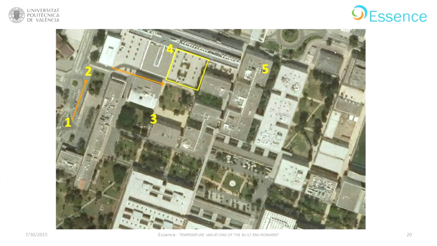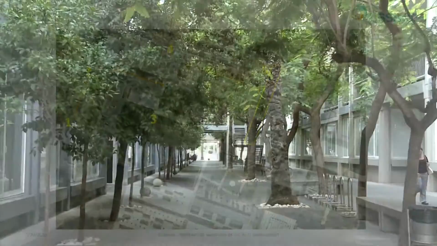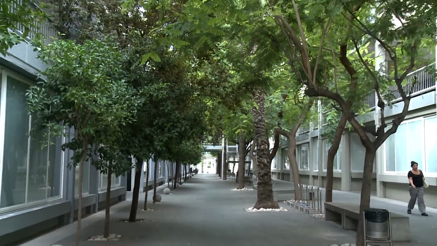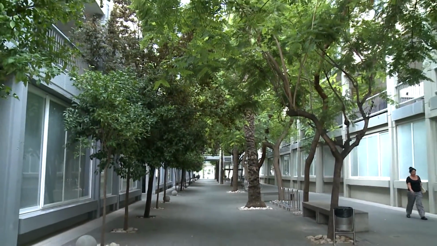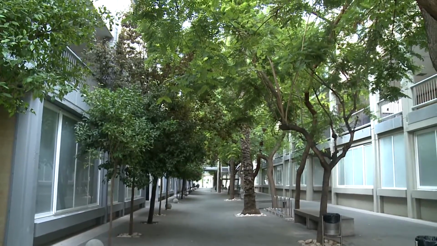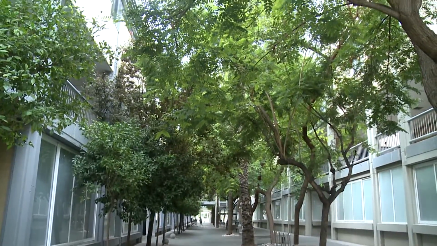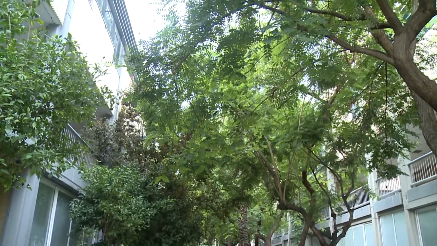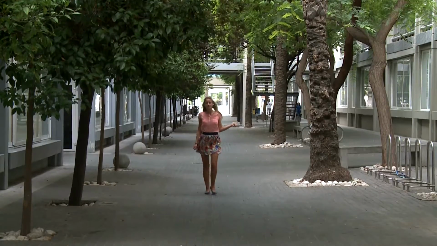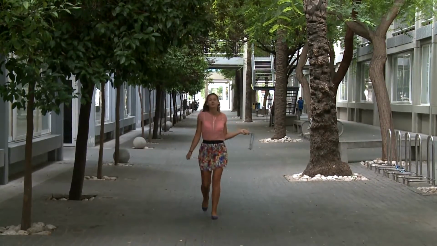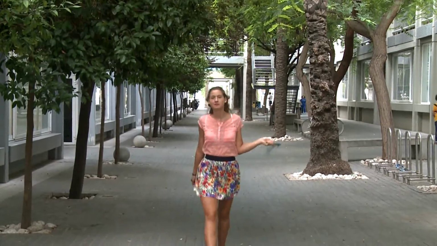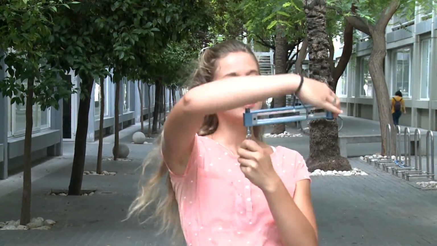The fifth sample point is represented by the impervious surface with a dense cover of plants, orange trees, tipuanas, and palm trees arranged at different height levels. It is a narrow pedestrian street located between the university buildings with an almost constant shady area during all the process.